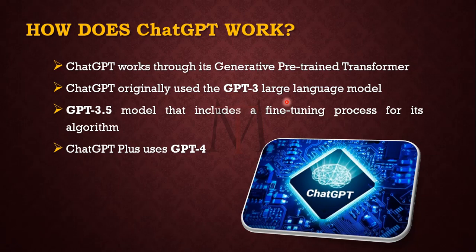ChatGPT now uses the GPT 3.5 model that includes a fine-tuning process for its algorithm. Now let's come to ChatGPT Plus, which uses GPT-4, which offers a faster response time and internet plugins.